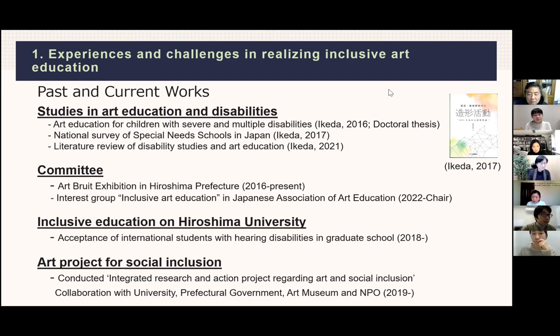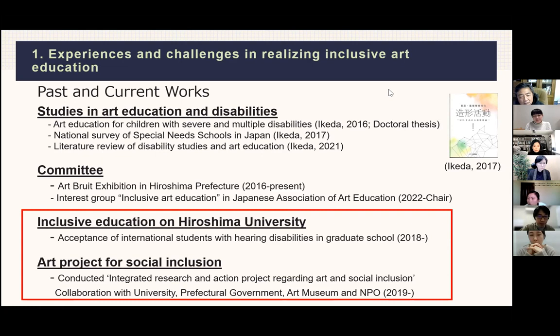And regarding the art project for social inclusion, I conducted an integrated research and action project regarding art and social inclusion, collaborating with the university, prefecture government, art museum, and NPO from 2019. Here are some more details about the area framed by the square.